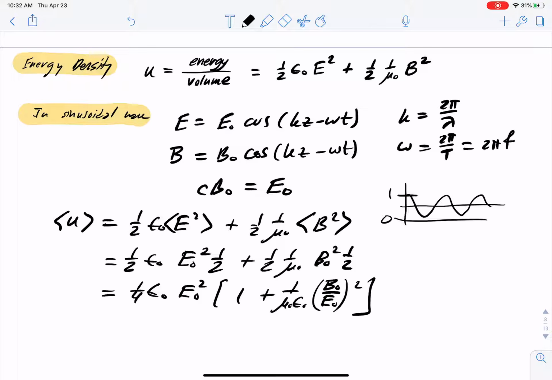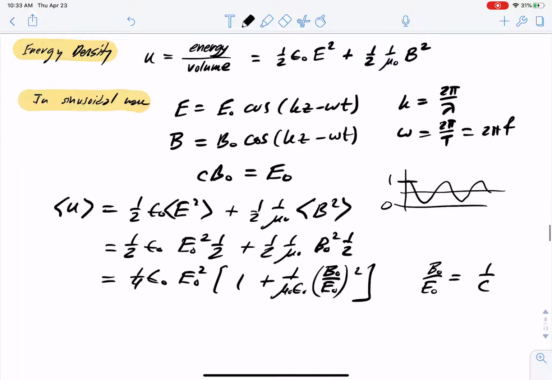So why did I do that? Well, the reason is that the ratio of the magnetic field to the electric field magnitudes is just 1 over c. So that simplifies this.